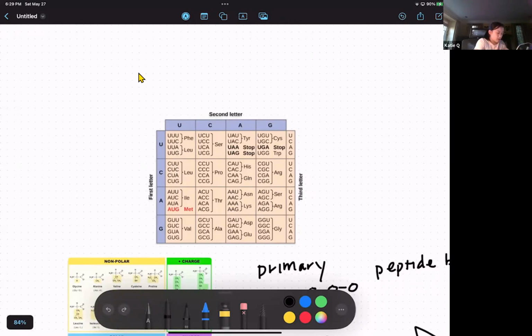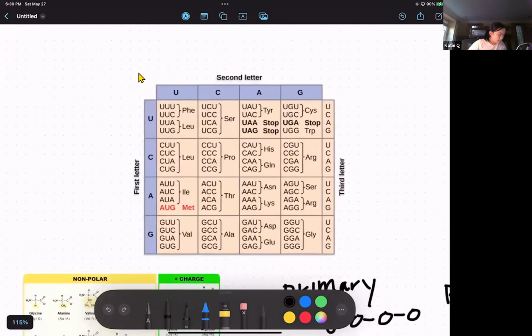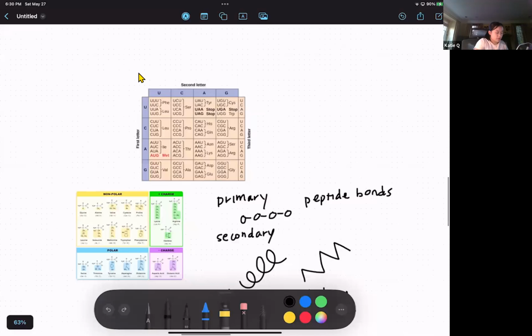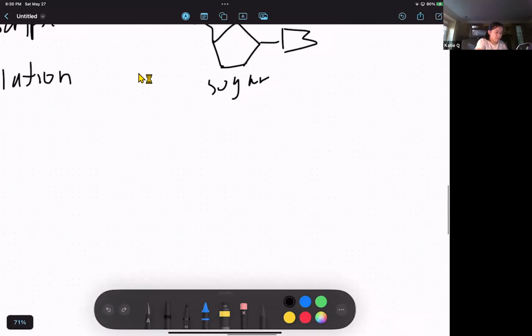This code is redundant because this allows for mistakes to happen, and it does happen sometimes. So it's more of a fail safe. Also, everything will start with methionine, the start AUG, and the stop codons are here, UAA and UAG. So this translates to threonine.